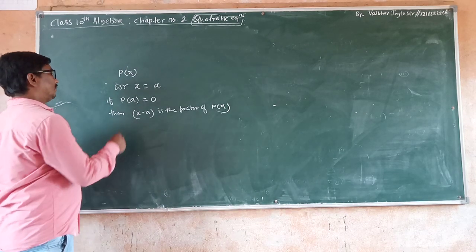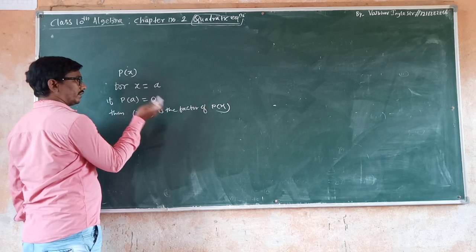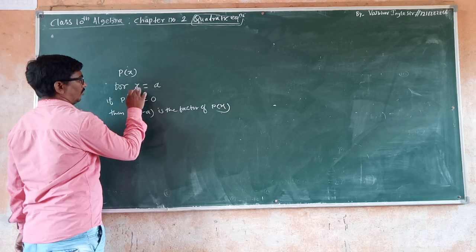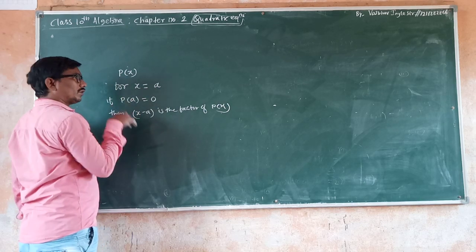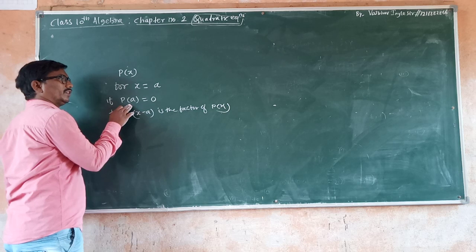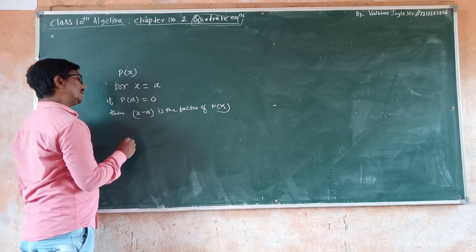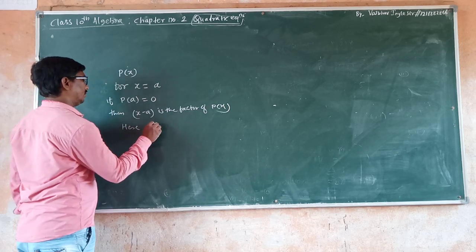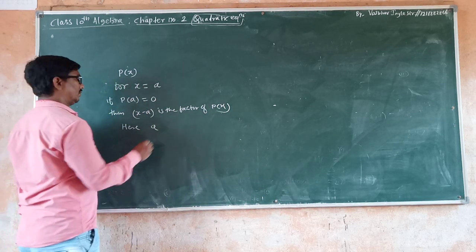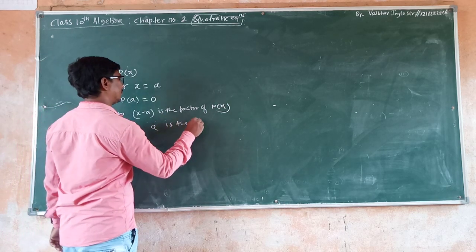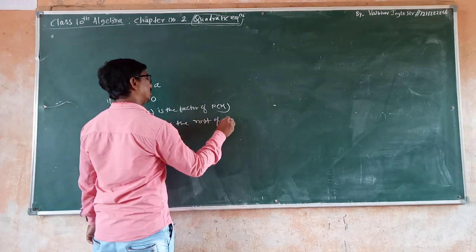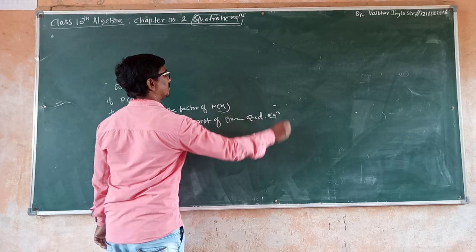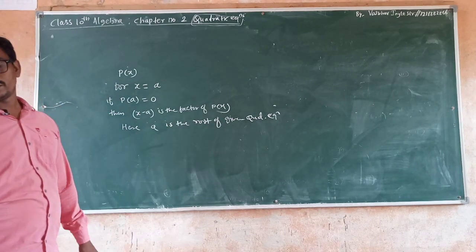Now here, if you have any quadratic equation in any variable, and if I put the value of the variable in the given quadratic equation, and if the value of the quadratic expression becomes 0, then a, the value of the variable, is the root. You will understand this better with some examples.